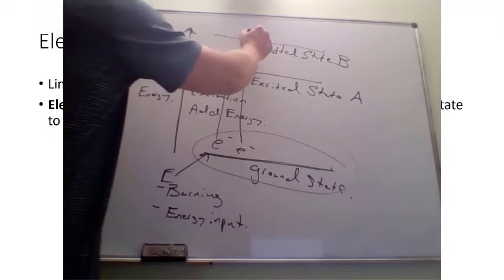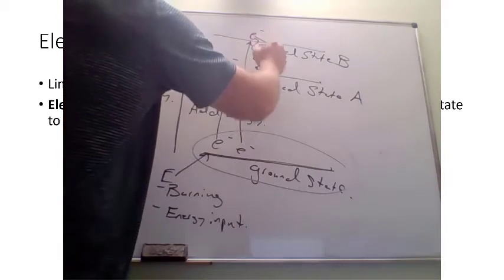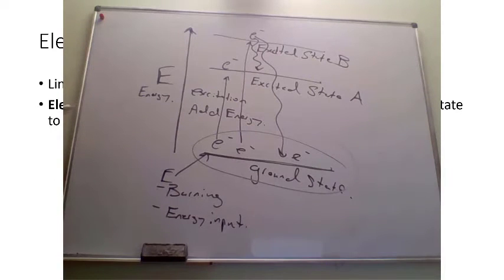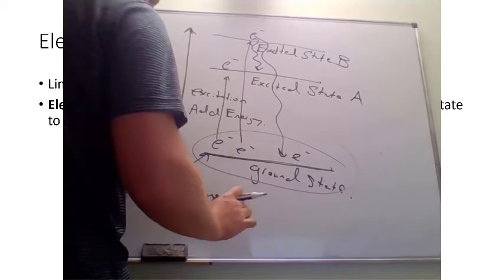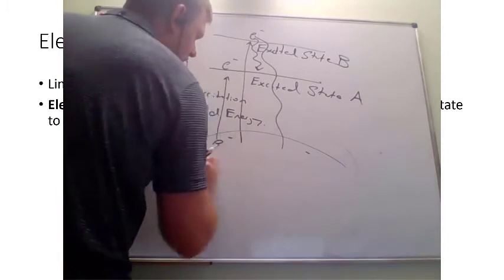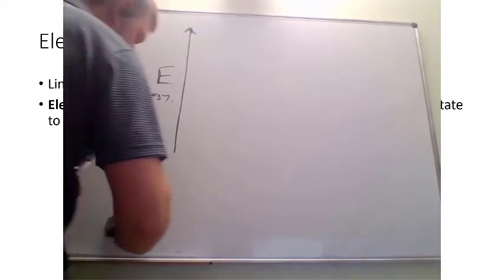So an electron can either decay back down to a lower excited state, or the electron itself can decay back down to the ground state. And so these decay processes correspond to a specific energy transfer. Okay, so I'm going to erase a lot of this extra writing here so we can visualize this transition better.